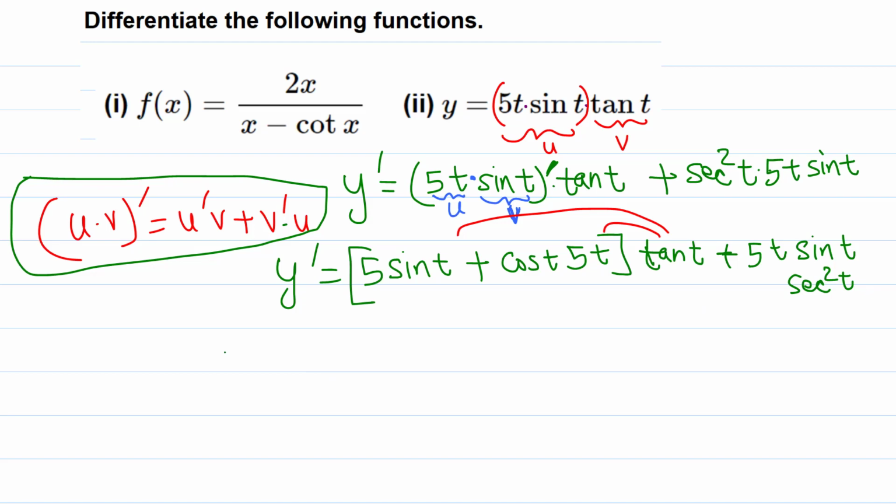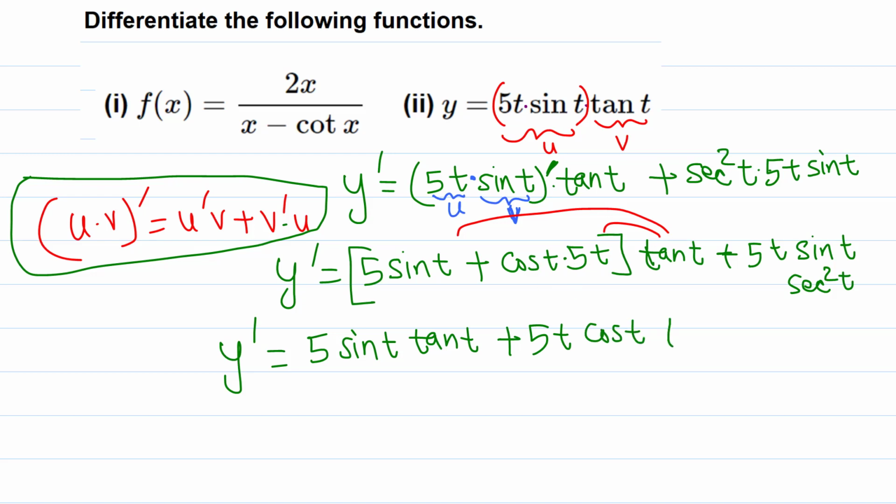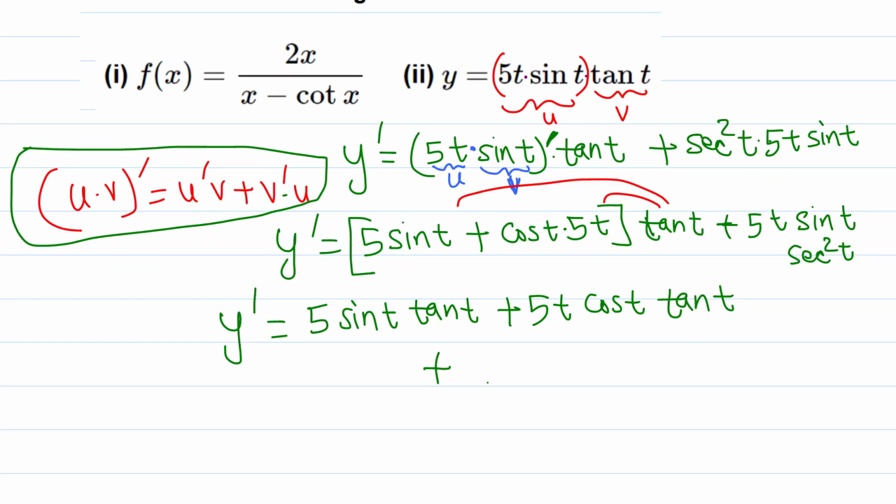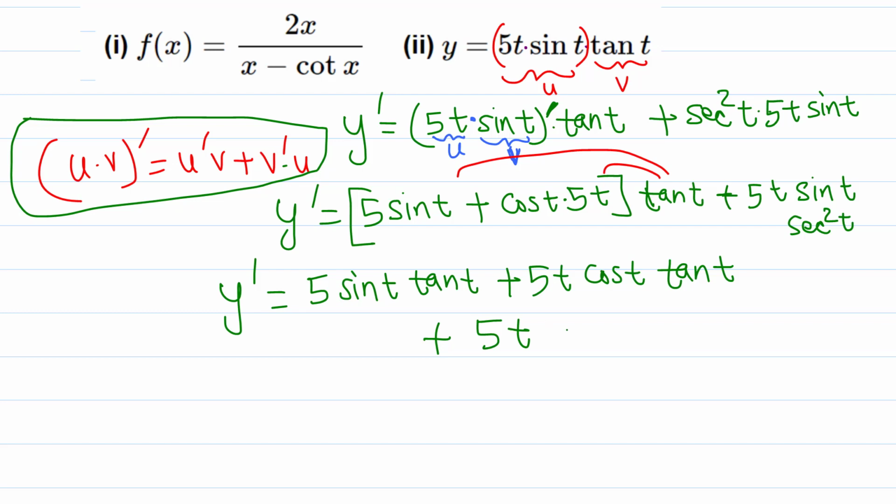Okay, this can be a good answer, or if we distribute we get 5 sine t tangent t plus, distributing, 5t first, cosine t, and we are distributing tangent t, that's the second term, plus this is just 5t sine t secant squared t. We might be able to manipulate some trigonometry here, but that's not really needed. So final.